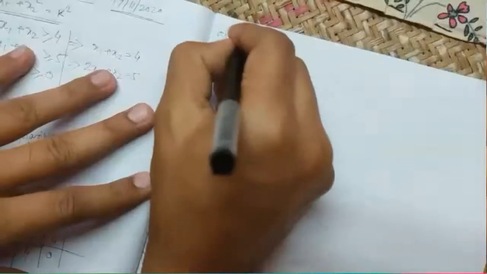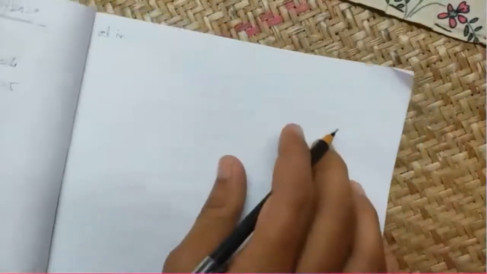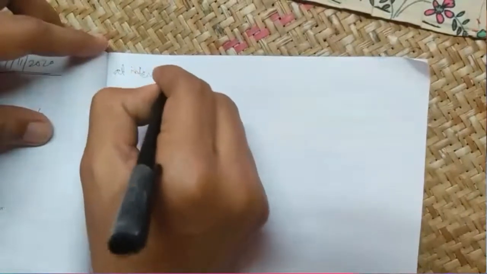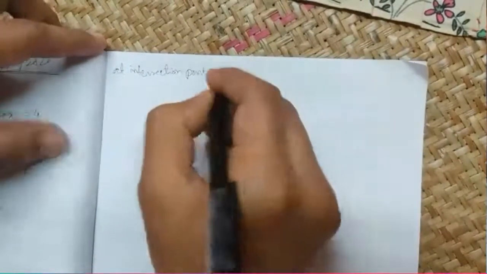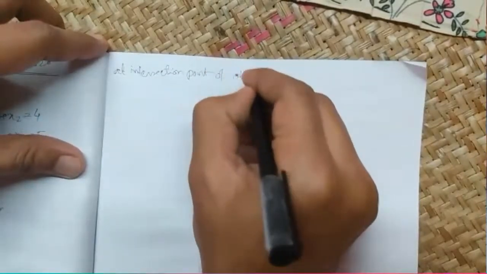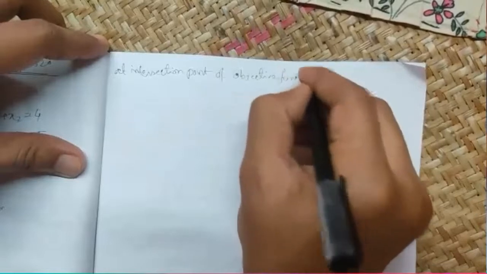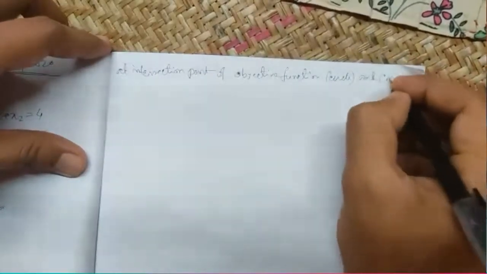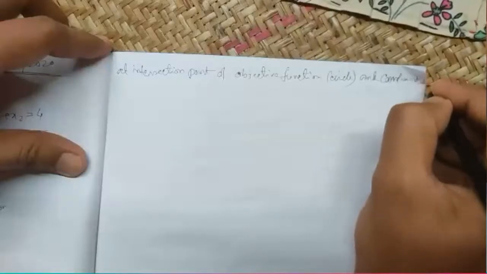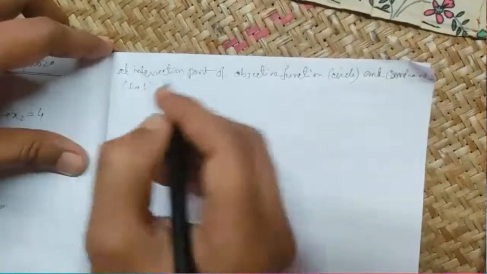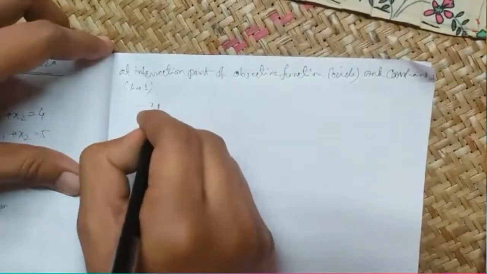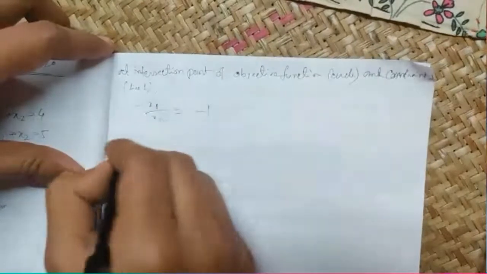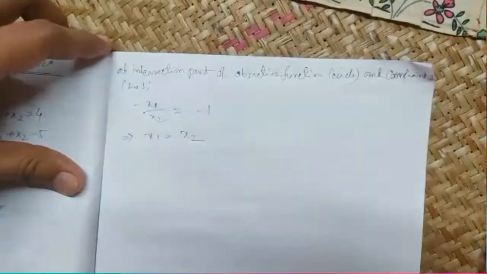So now we write, at the intersection point of the objective function, which is the circle, and constraint 1, which is basically line 1, these two values, minus x1 by x2, should be equal to minus 1, or we can get x1 is equal to x2.